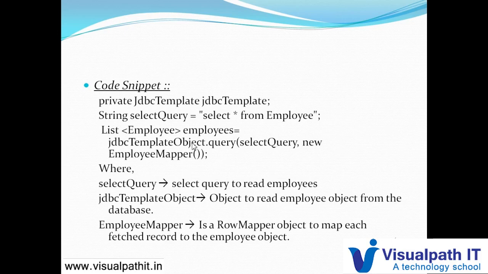The select query is used to read the employees. The JdbcTemplate object is the object to read the employee object from the database. The EmployeeMapper method is a RowMapper object to map each fetched record to the employee object.